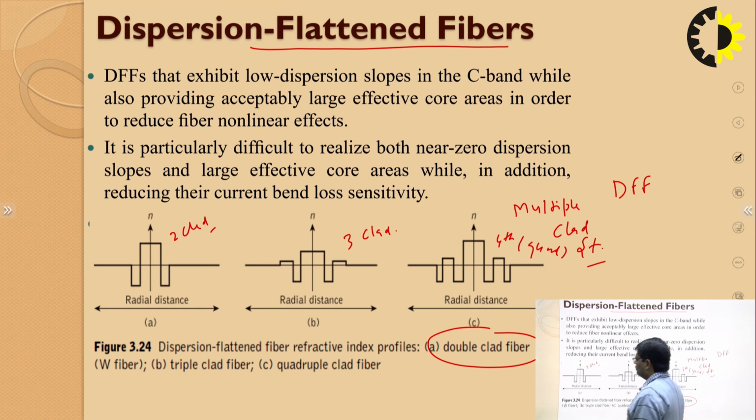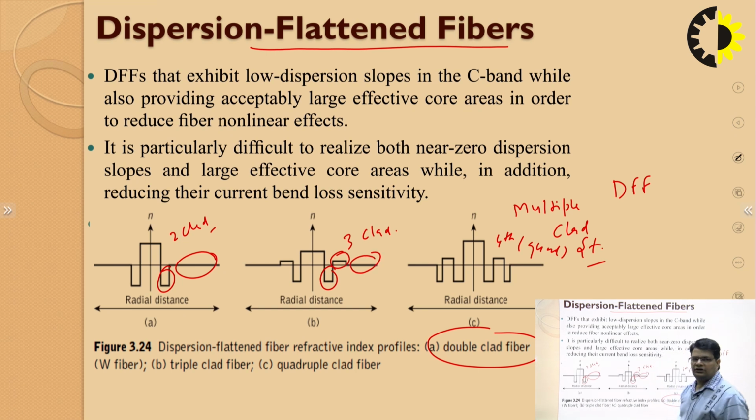So this one is the first cladding, this is the second cladding. This one is the first cladding, second cladding, and this is the third clad structure. And here we have the first clad, second clad, third clad, and fourth clad. So by utilizing the multiple cladding based optical fiber structure, we can achieve the dispersion flattened fibers.